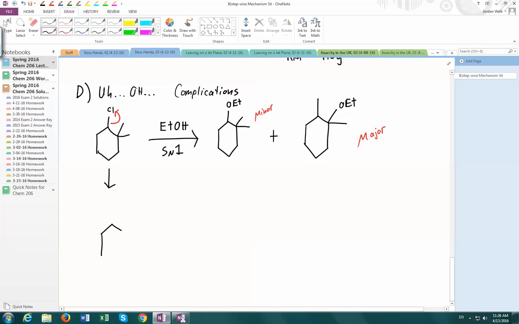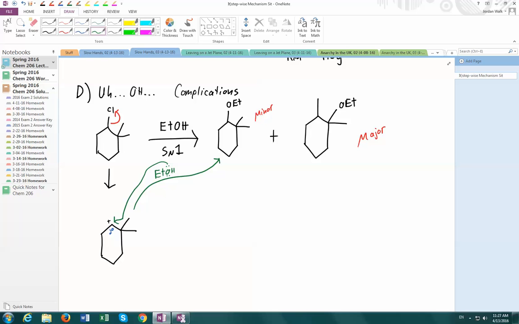So what that's going to lead to is a carbocation, and specifically it's going to lead to this carbocation right here, which is a secondary carbocation. And so we can imagine from here reacting with our ethanol to lead us to our minor product, right? That makes total sense. We're just snapping our nucleophile in to this point. We'll have to do a proton transfer, but ultimately we end up with our minor product.